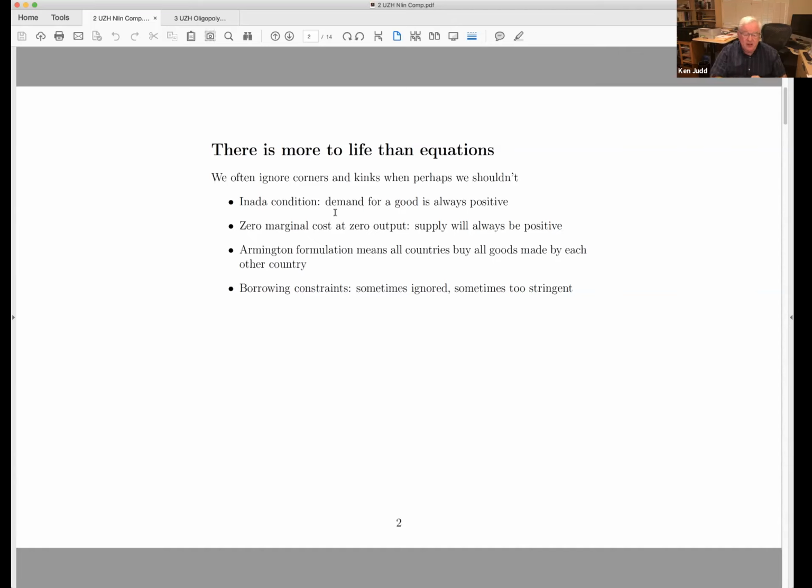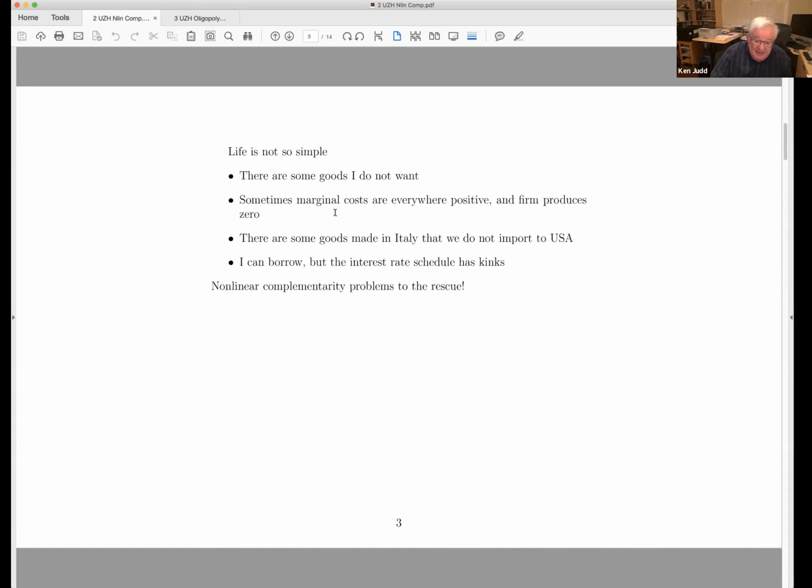Bound constraints, well, we don't like bound constraints because that also messes up Euler equations. But the fact is that life isn't represented by these equations so well. There are some goods for which my demand is zero, and it's not going to change no matter how low the price goes. And sometimes marginal costs are positive even at zero, and firms produce zero.